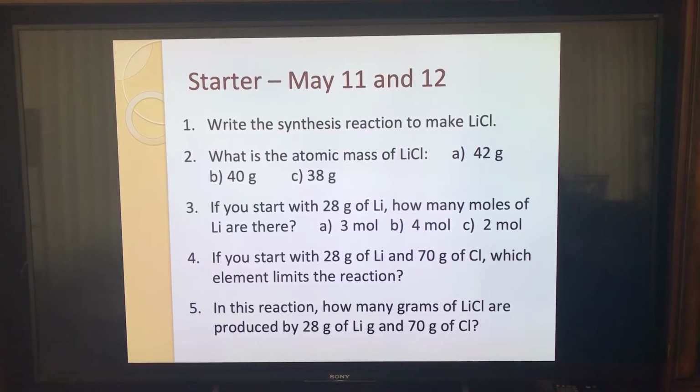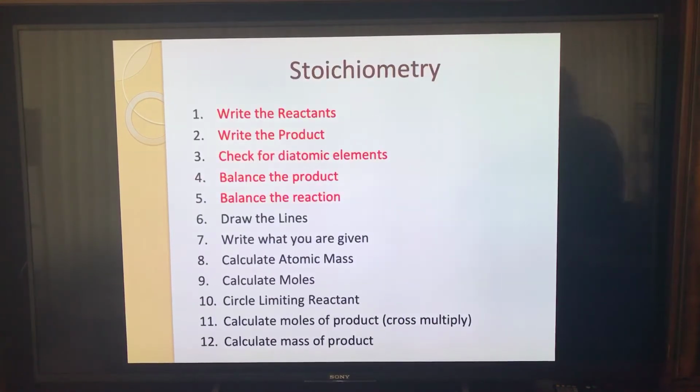All right. So where we're going to head with this is through this stoichiometry process. There are 12 steps, and if perchance you don't have this, you might even just use your phone, take a picture of it, or write it down. We're going to go through all 12 steps as we go through our starter today.